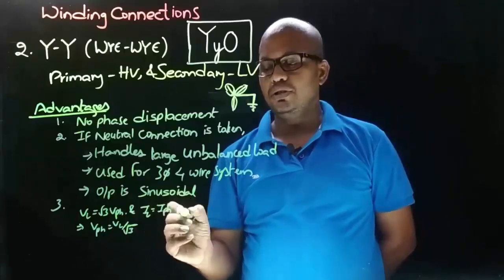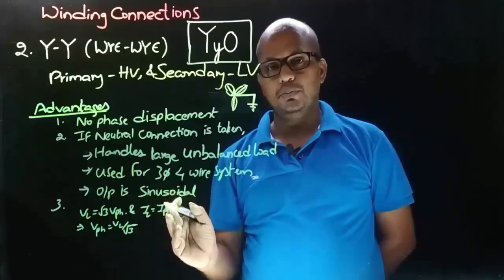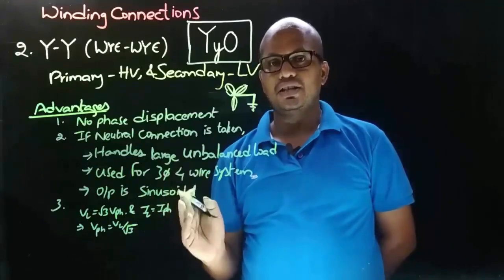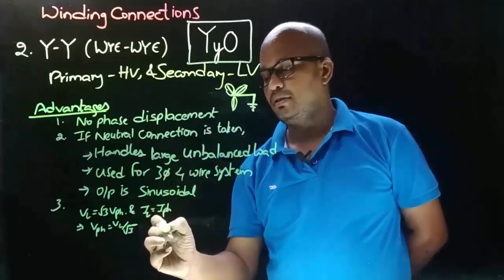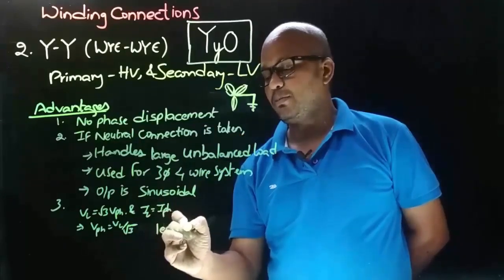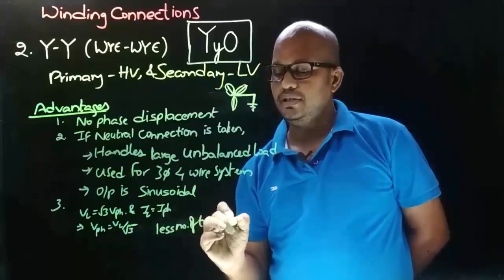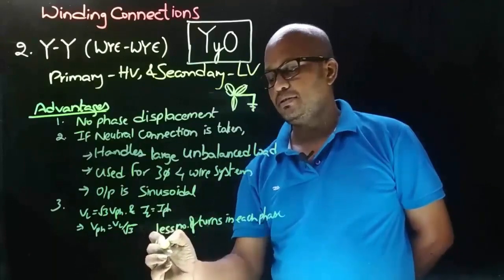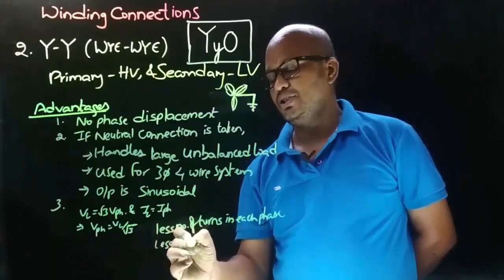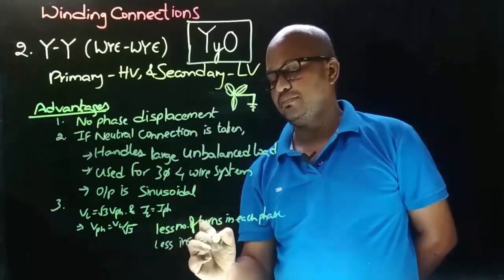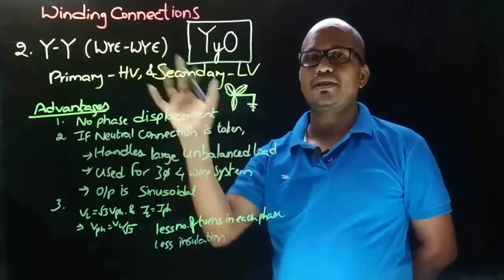Because of which high cross section conductors are to be used in star connection, means less number of turns in each phase, means less insulation is required. So these are the advantages of star-star connection.